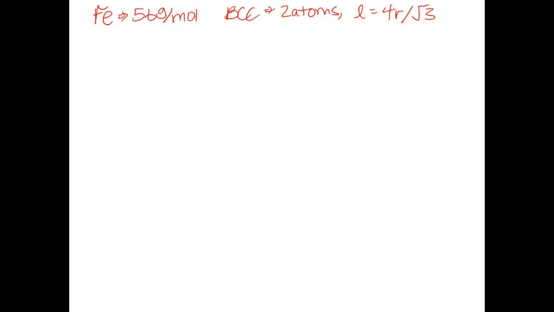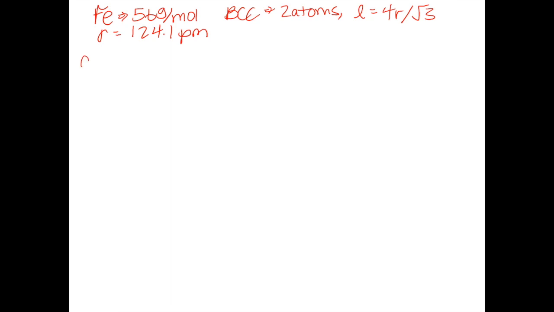That's information that I just have from the problem. I'm also told that the radius is 124.1 picometers. A picometer is super, super small. It's 1 times 10 to the minus 12 meters. It's just how they measure it because it's really small.